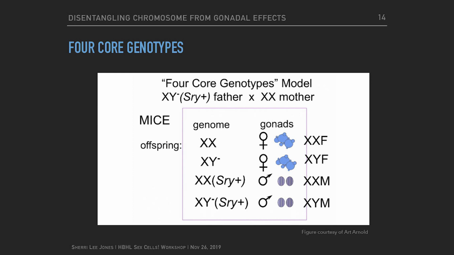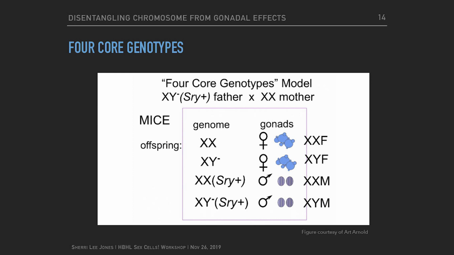An XY minus, which is a Y chromosome that's lacking the SRY gene. Because it's lacking, the genome is XY, but the gonads differentiate into ovaries. And we refer to this as an XY female. So the sex here that we're referring to refers to the gonads, okay?